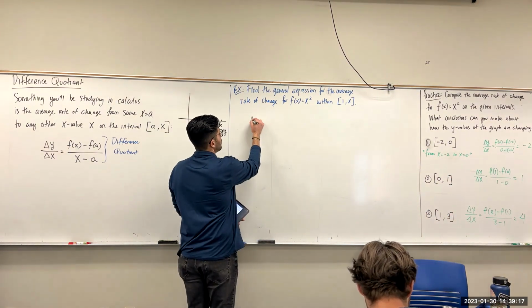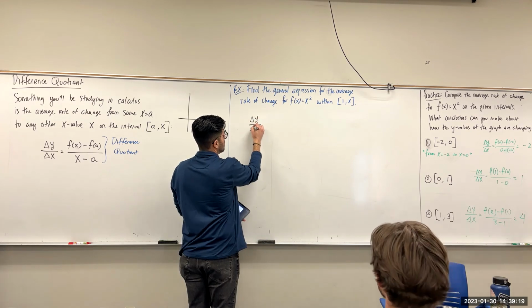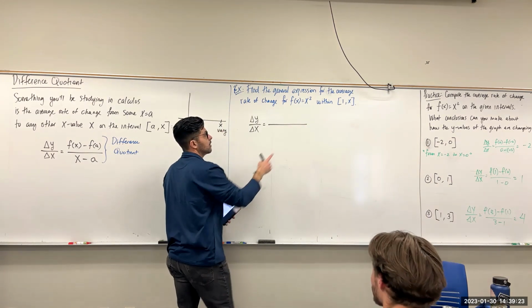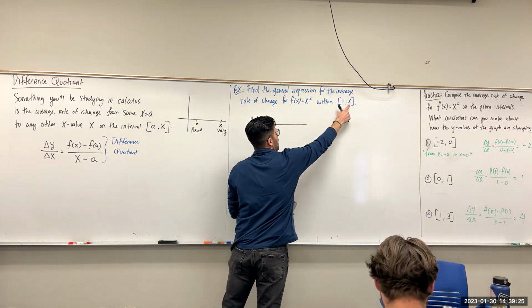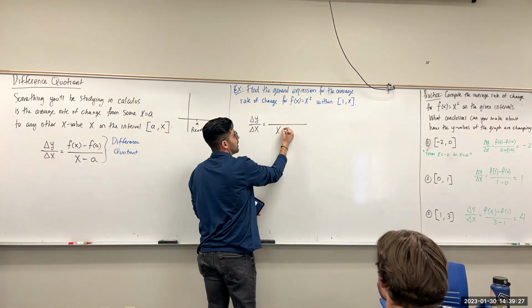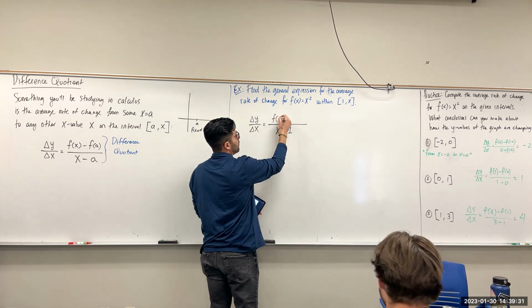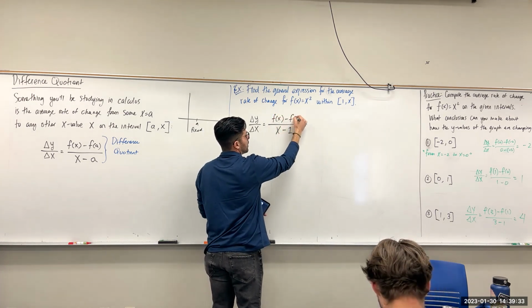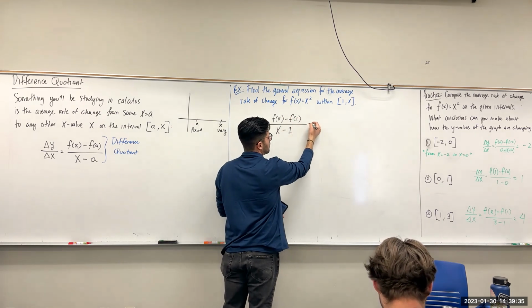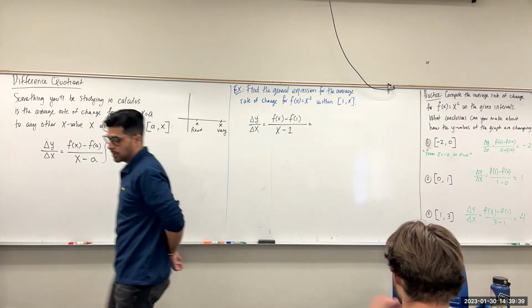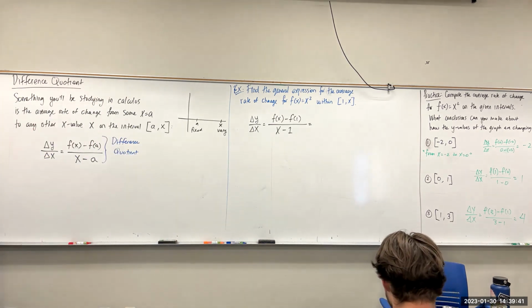So it's the same thing that you just did. Except that now I'm gonna end at x, so the b is the x now, so it's f of x minus f of 1 over x minus 1. Okay, let me stop there. There's a lot of writing in that.